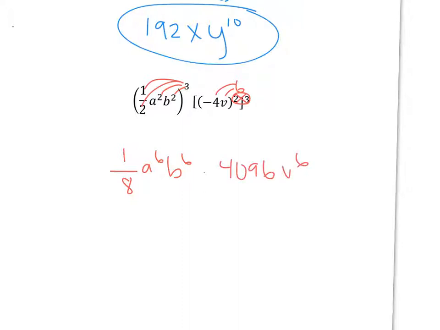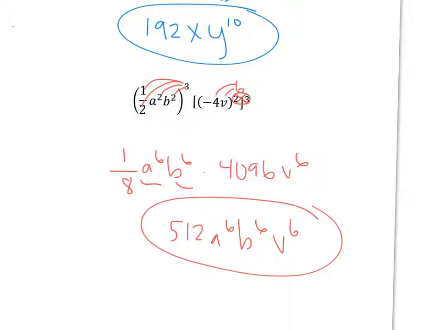V to the 6th. 1/8 of 4,096 is 512. A to the 6th, b to the 6th and v to the 6th. And none of those variables or those bases I can combine because they're not the same. So that would be my final answer there.